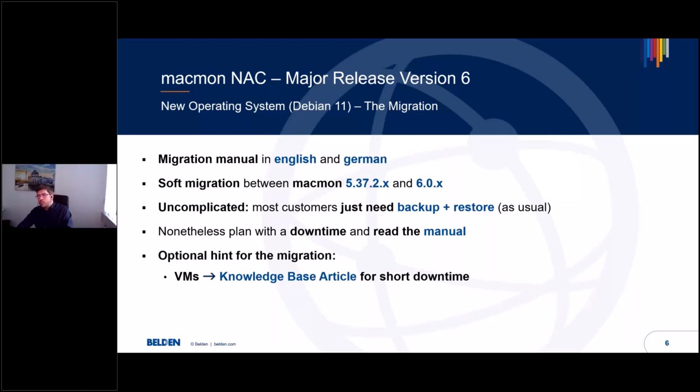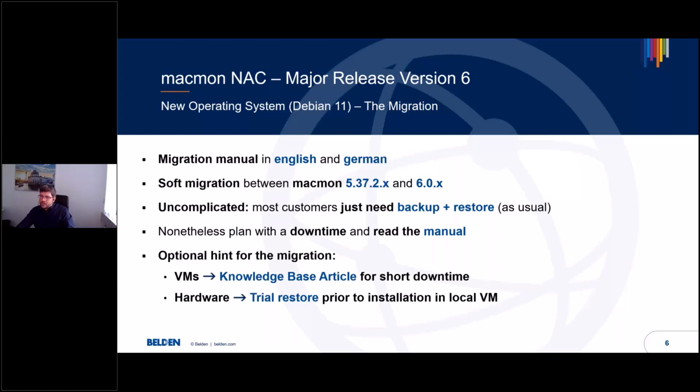So with this short downtime knowledge base article, normally you will have a downtime of, for example, 4 to 10 seconds. It depends a little bit on you. But in general, it is more like a logical approach, not a function. And this could help you with that, even between different operating systems. So take a look. Just a hint, you don't need to do that, but it could help you.